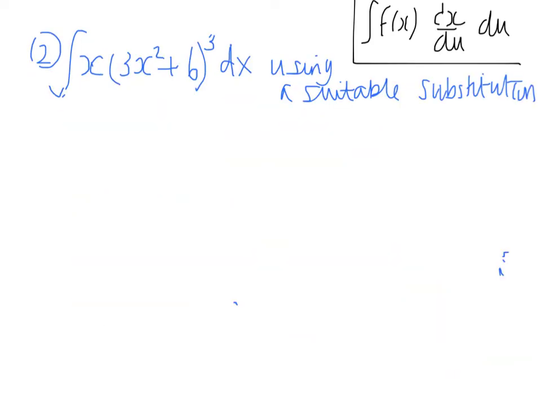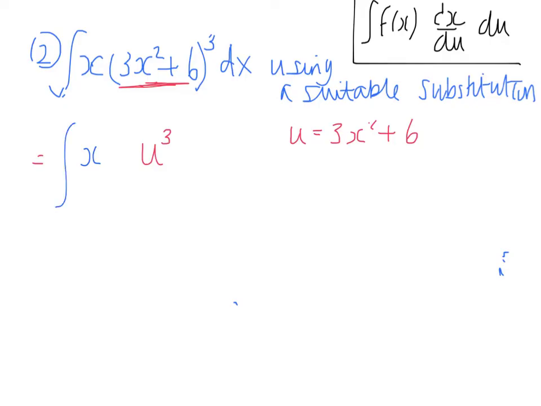This one tells us to use a suitable substitution. It's not difficult. If you look at the integral, you can see that this bit here is the awkward bit, so we'll make that equal to our u. So we say u is 3x squared plus 6. When we come to replace everything in the integral by u, we're going to have a u cubed term there. I'm going to leave the x term for the moment, you'll see why in a second.